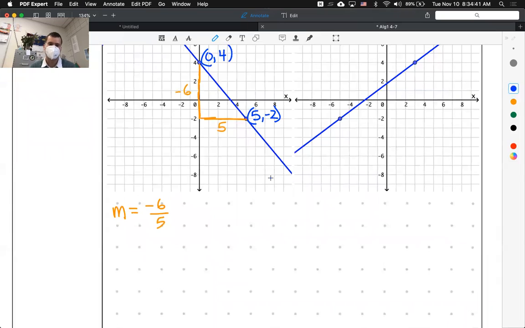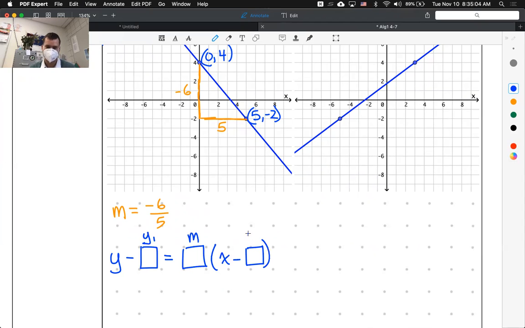I'll write out point slope form again so you can see what I'm about to do. My point slope form looks like this. Y minus box is equal to box times x minus box. What goes in those boxes? Well, the first box is the y coordinate, y1. The second box is the m, the slope. And the last box is your x coordinate.